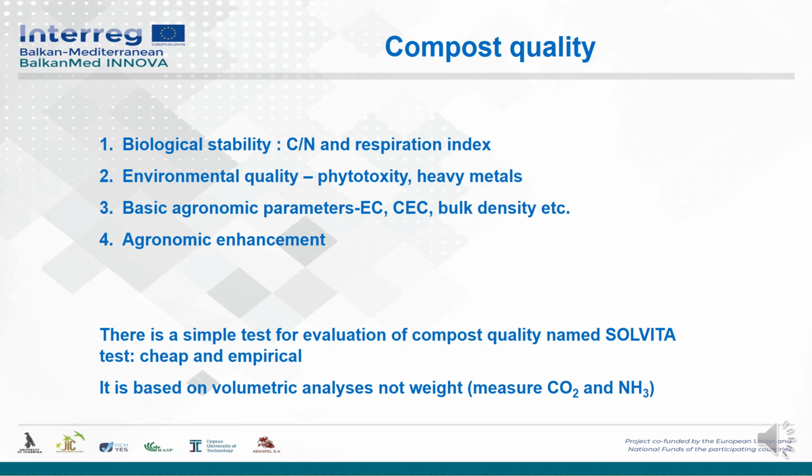Then environmental quality, which is based on phytotoxicity and content of heavy metals. Indicator three, basic agronomic parameters like electroconductivity, bulk density, and so on, and agronomic enhancement.